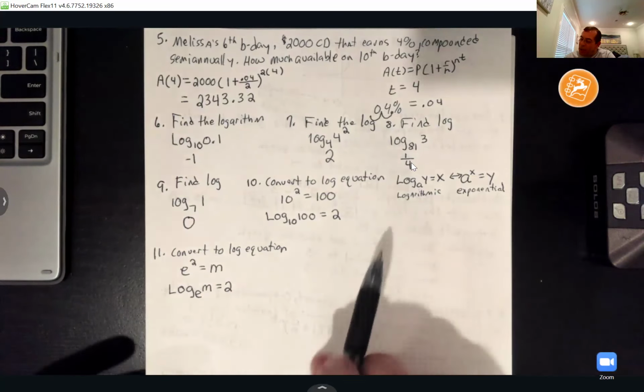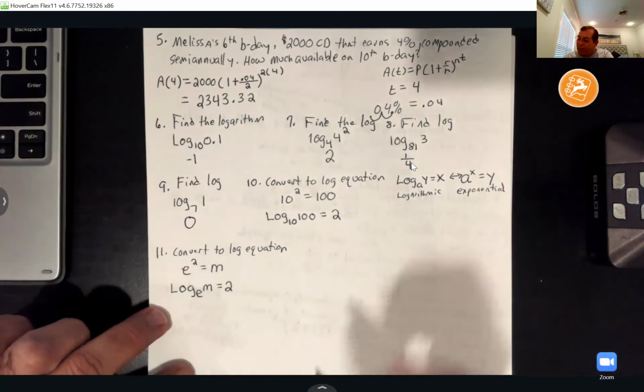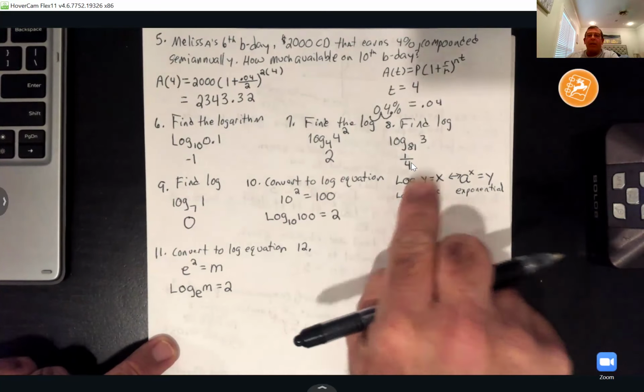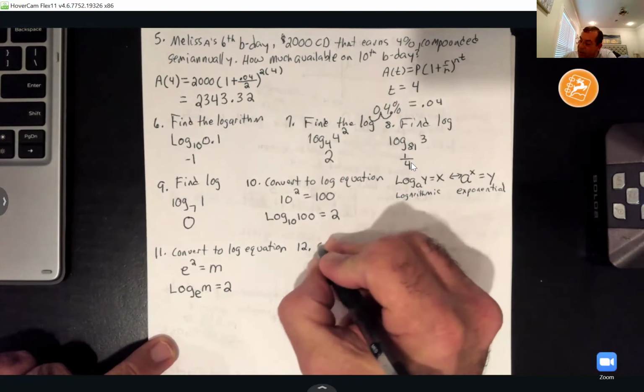All right, so that was going from exponential to logarithmic. On number 12, we're going to convert from logarithmic into exponential. So these will say convert to exponential.